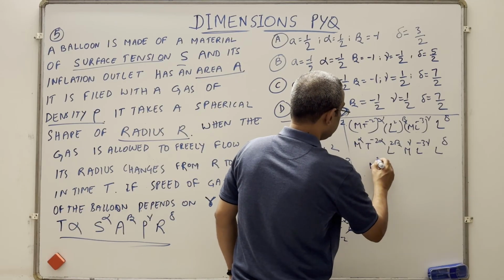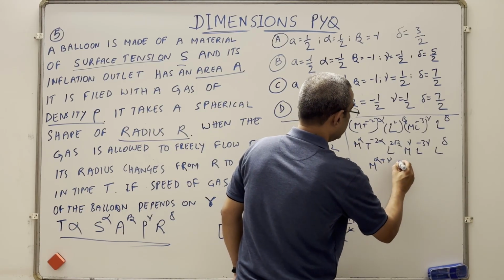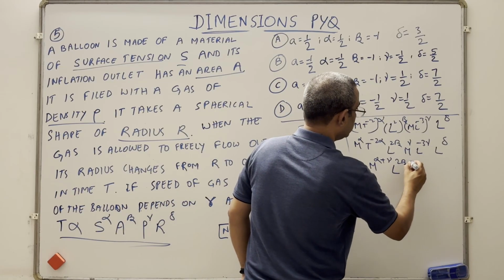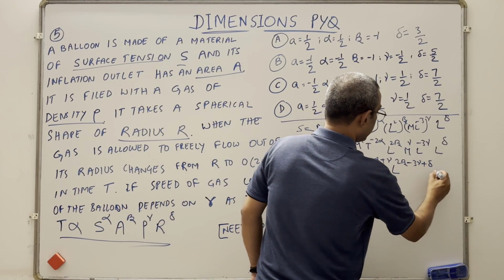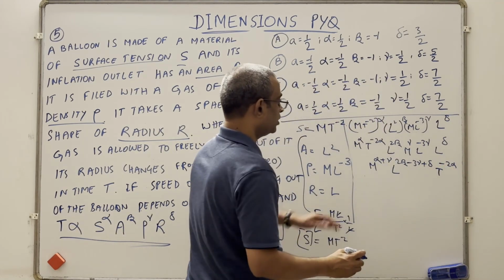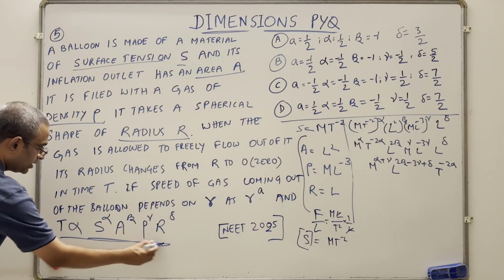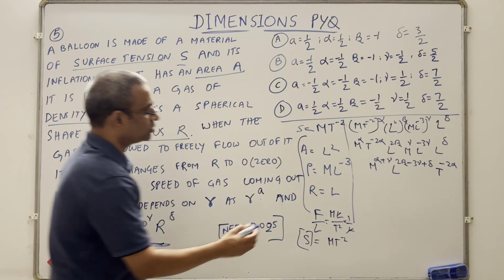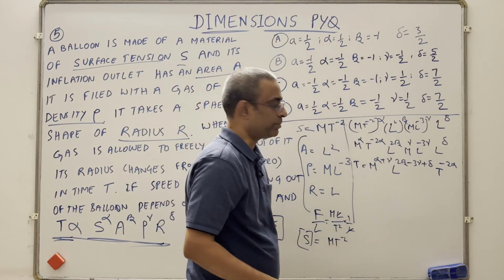So we have M power alpha plus gamma, L power 2 beta minus 3 gamma plus delta, and T power minus 2 alpha. Now all of this is equal to time in terms of dimensions.